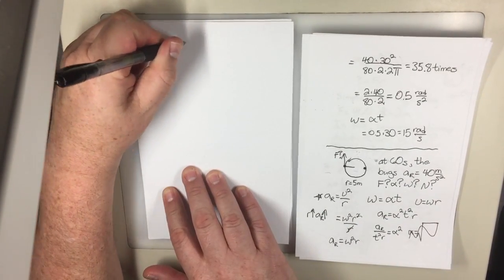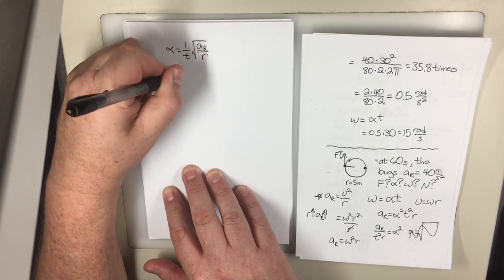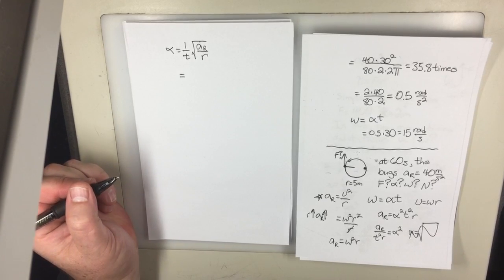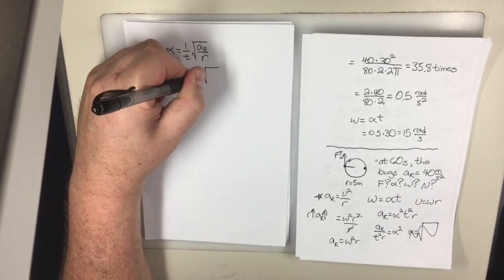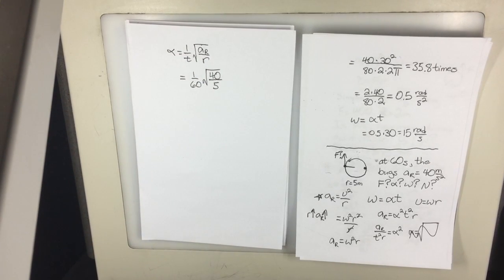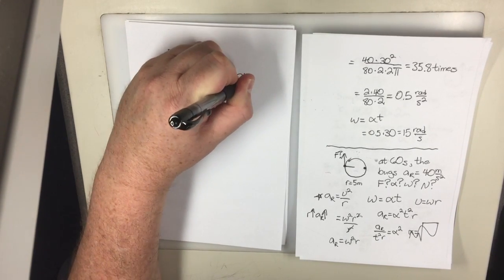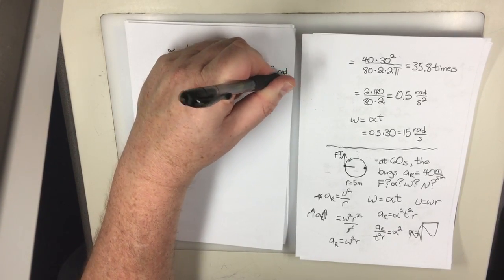Alpha is 1 over time times the square root of A_R over R. This gives you 1 over 60 times the square root of 40 over 5, and my answer is 4.714 times 10 to the negative 2 radians per second squared.